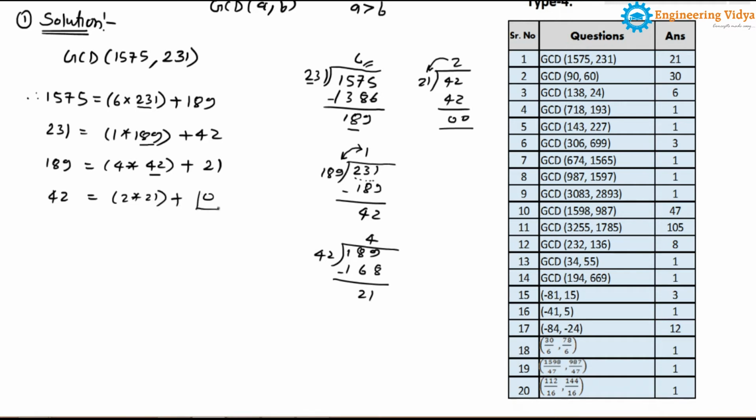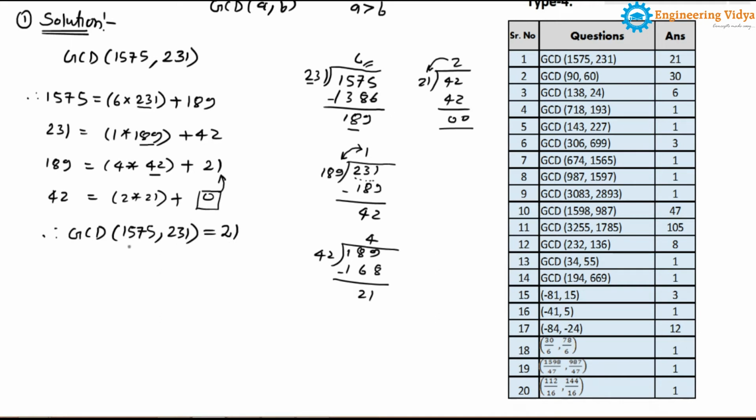Once the remainder comes 0, we have to stop, and we go to the one step before, where the answer is 21. So the GCD of 1575 and 231 is 21.